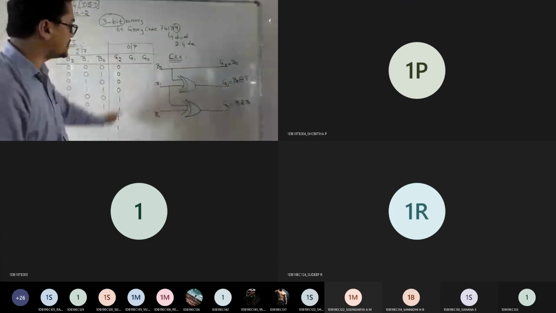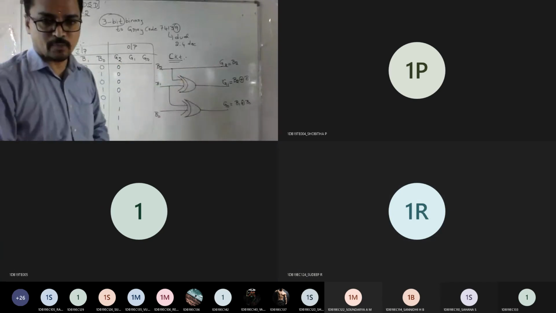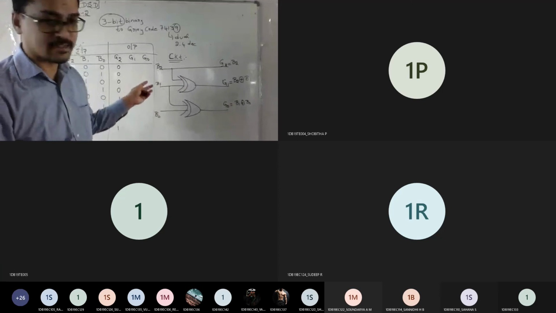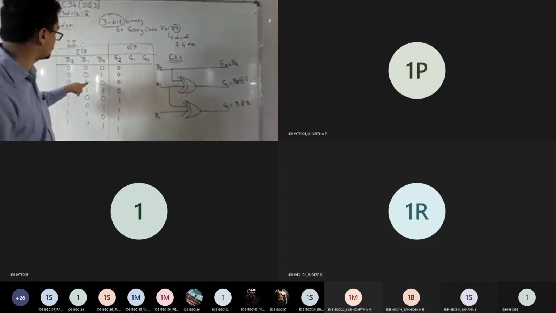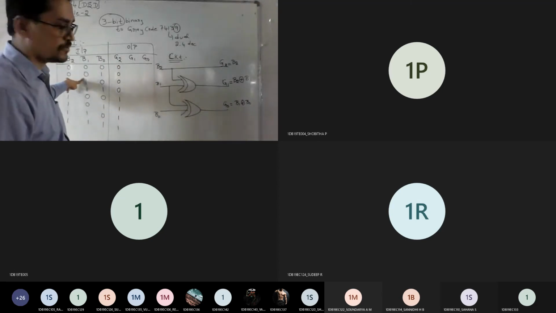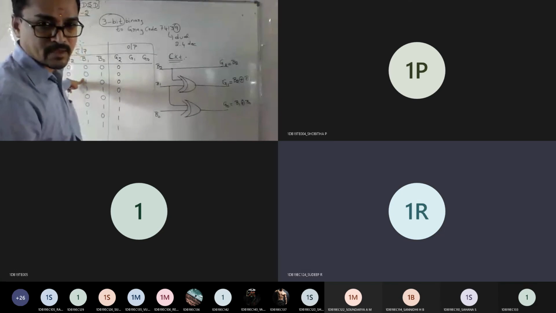Next, tell me how to find G1 now. It says B2 XOR with B1. So I hope everyone remembers the XOR operation of your logic. So what is the meaning of B2 XOR B1? So B2 value is 0 and B1 value is 0. So if we do XOR for this, answer remains what? 0.